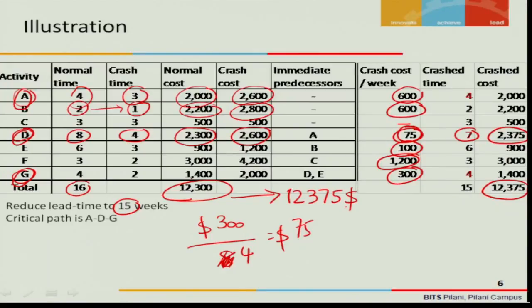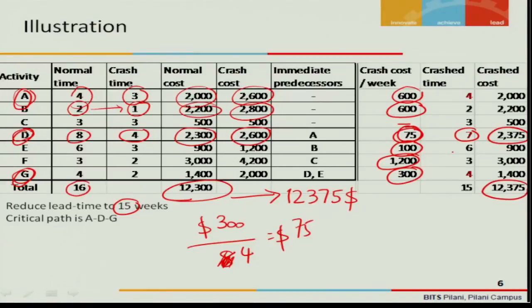But this is a very simple illustration I have taken. In a more complex situation, you may find that the crashing is not just 1 week but several weeks. In that case, you need to do it iteratively. First, you need to crash one activity, and when you crash an activity, your critical path may get changed.